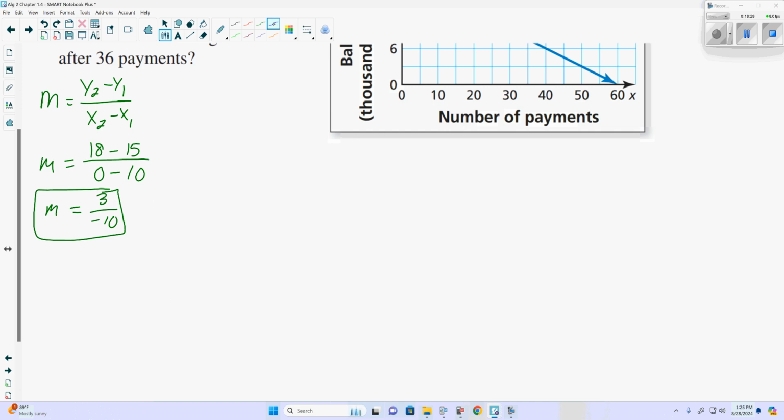So, sidetrack. If we look at this here, 3 over 10. Now, the negative 10, I wouldn't so much treat it as the negative of it, because the 10 parts are payments, yes?